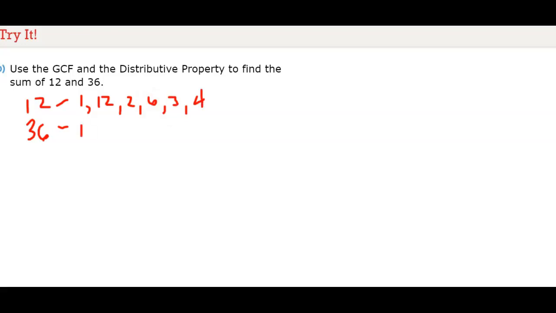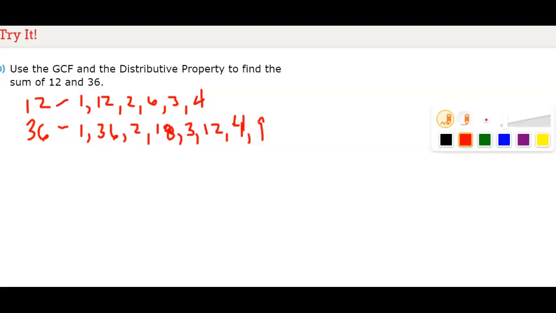Factors of 36 would be 1 and 36, 2 and 18, 3 and 12, 4 and 9, and that's it. Now you circle any of the ones they have in common.